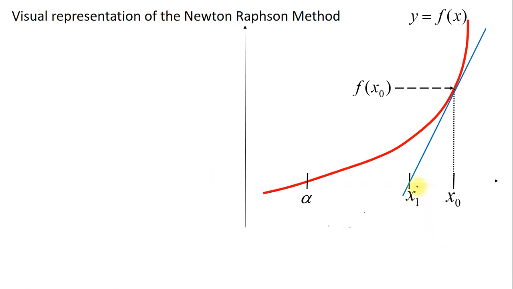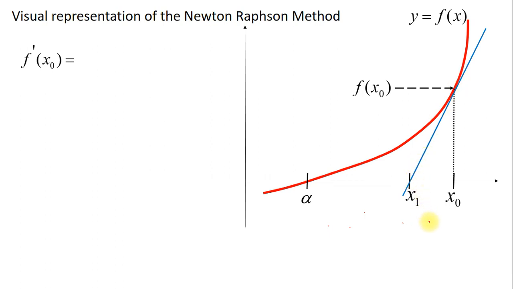Now to find x1, we actually use the gradient of this tangent. The gradient of this tangent is actually f prime x naught. Means you find the first derivative of f(x) and you substitute x naught into f prime, you will get the gradient of the tangent.